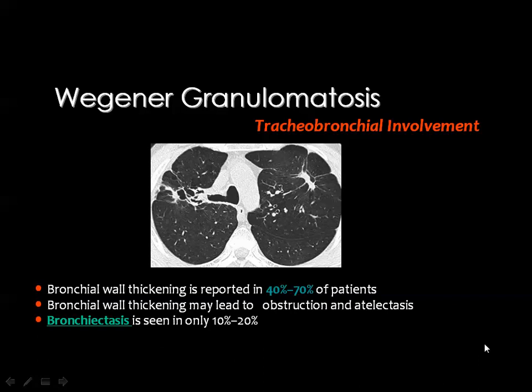Then Wegener granulomatosis may affect the tracheobronchial tree, leading to bronchial wall thickening in up to 70% of the patients, and this thickening may lead to obstruction and atelectasis, and later on the patient may develop bronchiectasis.